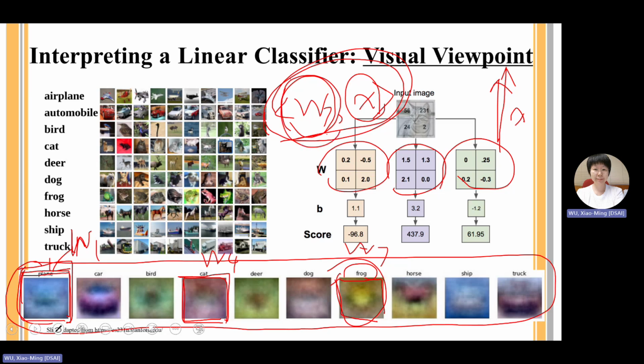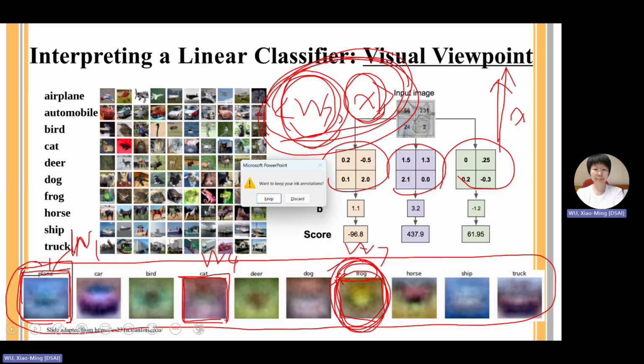That is why W7, the frog classifier, should be similar to frog images: they point in the same direction, so their inner product will be large.